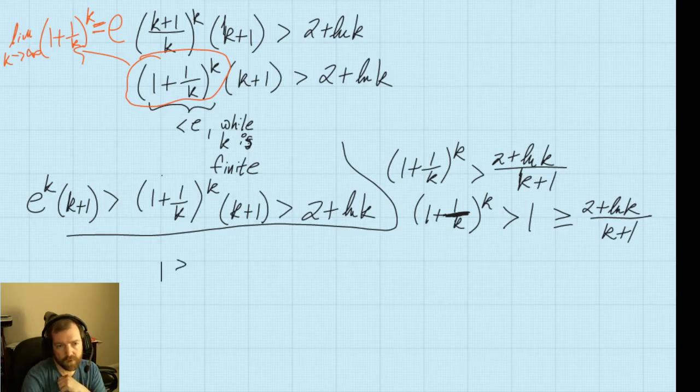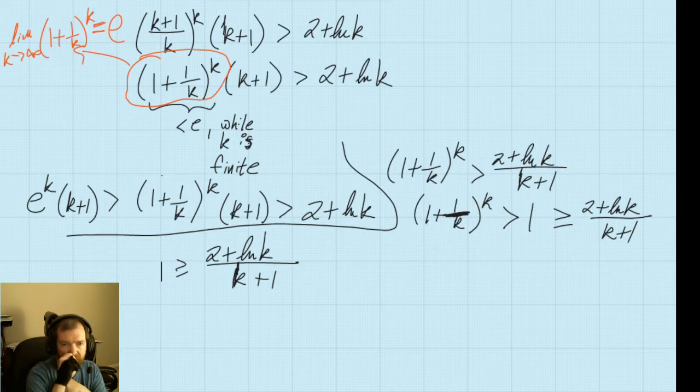Alright, 1 is greater than or equal to 2 plus natural log of k over k plus 1. Now we can multiply by k plus 1 because this is always going to be a positive value, since k is greater than 1 over e.